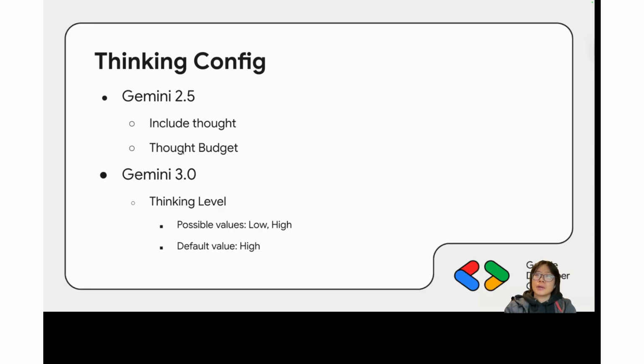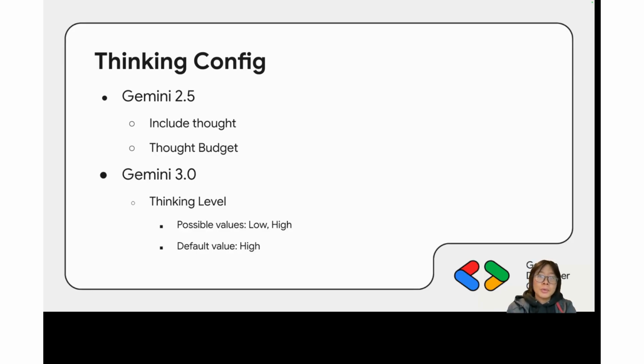I don't remember if it's called thought budget or thinking budget. It is the number of tokens that the LLM is allowed to use to do the reasoning and provide the thinking summary, so the user knows how the model approaches the task and uses its best ability to tackle it.